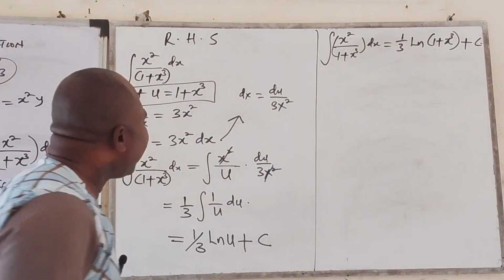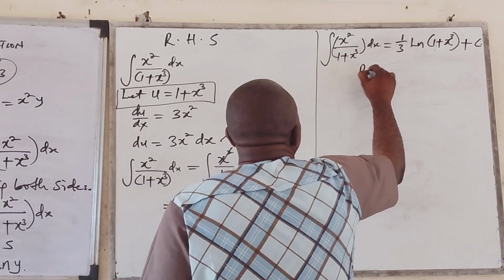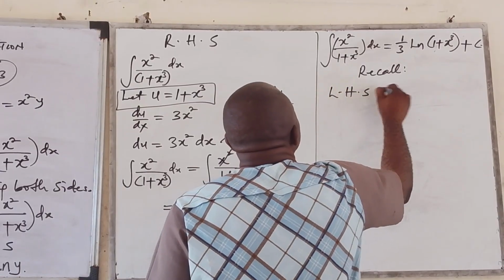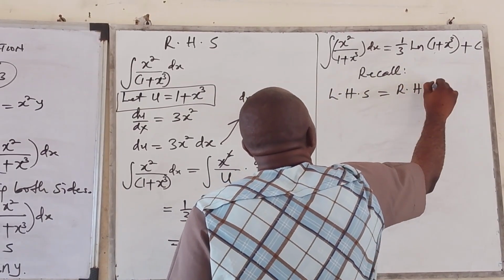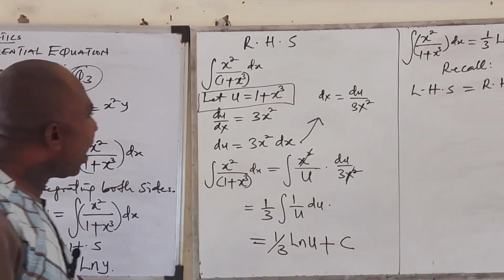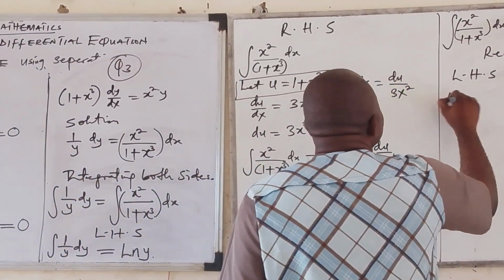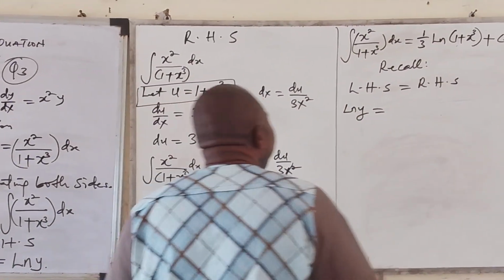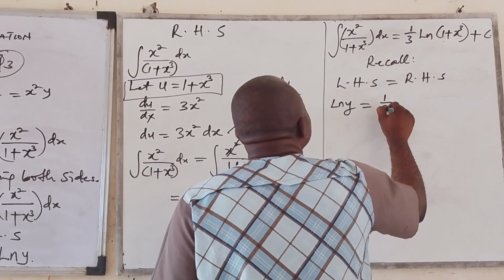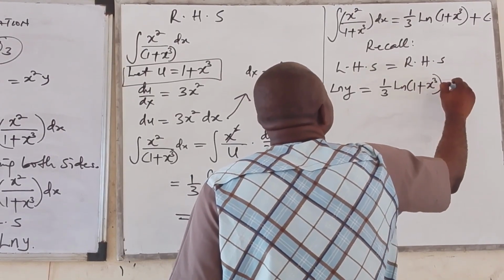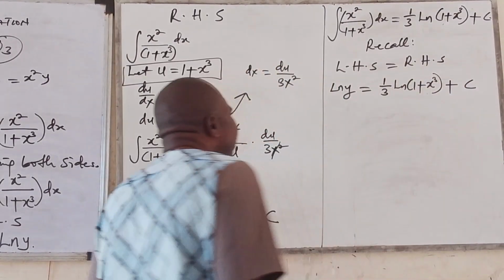Recall, left hand side is equal to right hand side. For the left hand side, we have ln y. So ln y is equal to, for the right hand side, 1 all over 3 ln of (1 plus x raised to the power of 3) plus c.